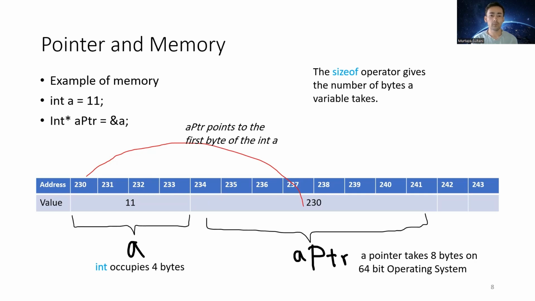So when we use the pointer operator, it gives us the address of the first byte of integer a. 230 is the value of the pointer. A pointer, however, in the memory occupies 8 bytes of space in a 64-bit operating system. We can also use the sizeof operator, and it gives us the number of bytes a variable takes.